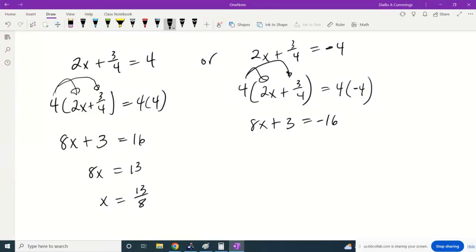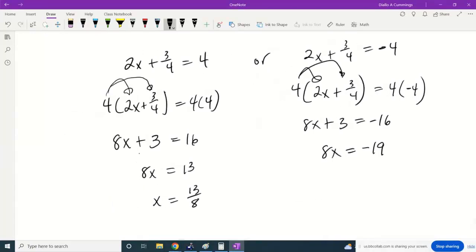All right, I want to solve for x. So the first thing I'm going to do is transpose 3 to the other side. That means I'm going to move it across the equal sign and make it a negative. So negative 16 minus 3 is negative 19.